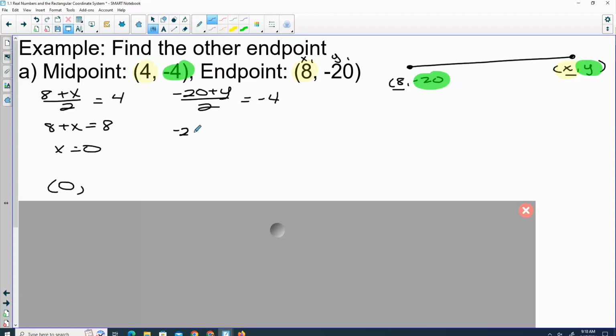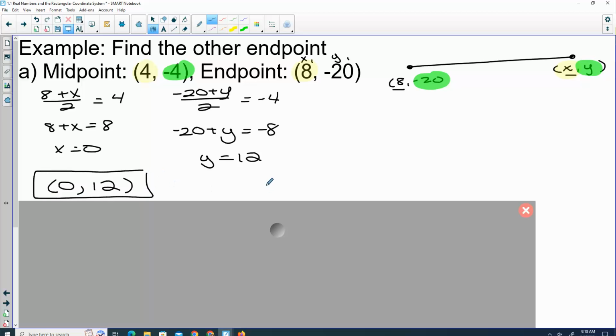So if I multiply my 2 over, add my 20, we get 12. So the other endpoint had to be 0, 12. So I just used the formula for a missing endpoint. Is everyone okay with that?